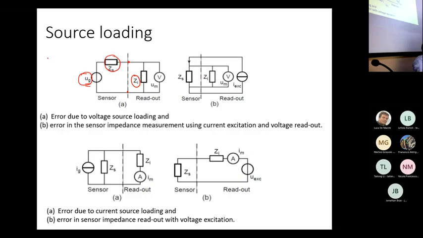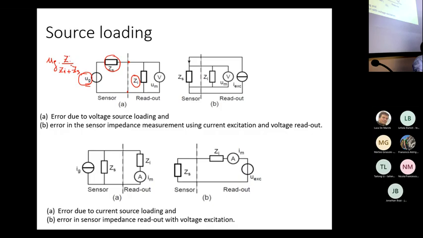So basically, what we are measuring is the voltage generated times the input impedance divided by the input impedance plus the source impedance.